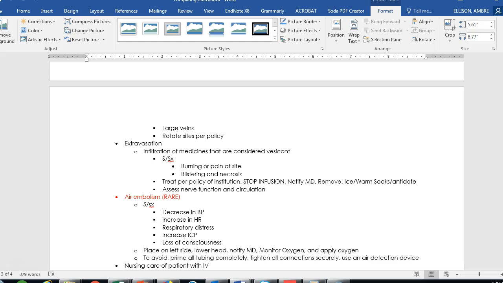You can have burning, pain, blistering, necrosis, and you want to treat per policy. The very first thing you're going to do is stop the infusion. You want to notify the doctor. You want to remove it, and you're going to do ice soaks, warm soaks, and antidote, depending on what your policy says. You're going to assess function of the limb, nerve function, and circulation.